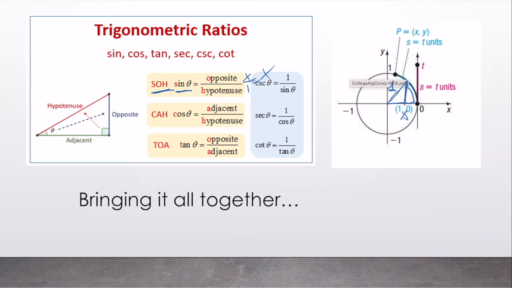Cosine is going to be the adjacent, that's our x value over 1, which gives us x. And tangent would be our opposite over our adjacent, which is our y value over our x value.